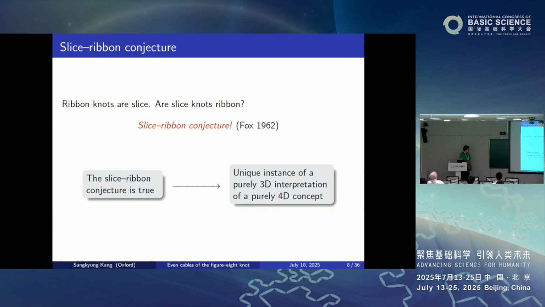And this is very important because if it is actually true, then we're making purely smooth four-dimensional topology into a purely three-dimensional setting, which is very, very unlikely to happen. And therefore, many people think this might be false. I'm one of them. If you think it's true, then I respect that.